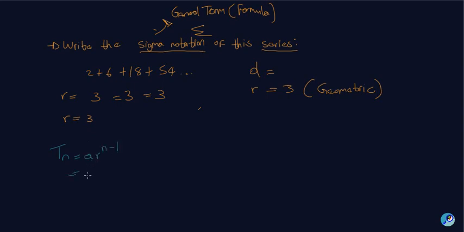So we know a is 2, times r which is 3, to the n minus 1. So this is like a formula. So let's write it in sigma notation: 2 times 3 to the n minus 1.